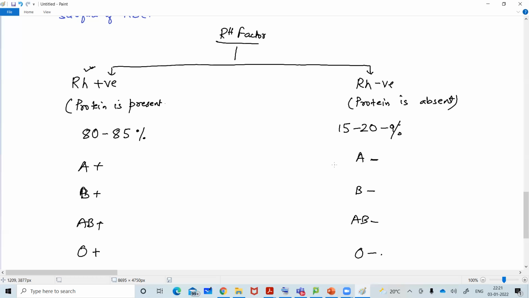Well, AB negative can give blood to AB plus, and so on. But when you say rarest blood group, usually the meaning is no one can give blood to it. Only the similar blood group person can give blood to them, then O negative. So O negative will give blood to everyone, but when it comes to receiving the blood, it requires only an O negative person.